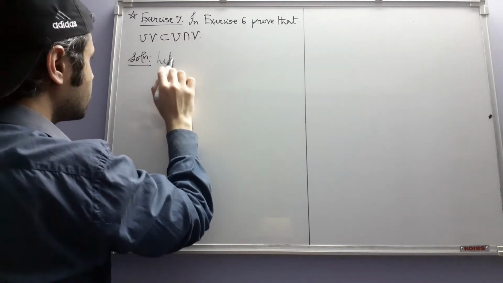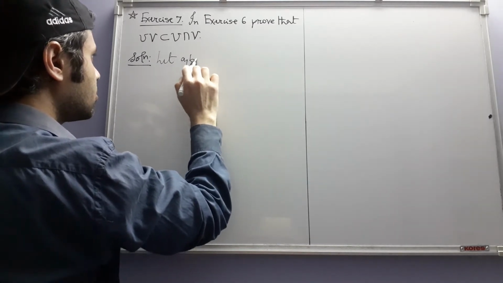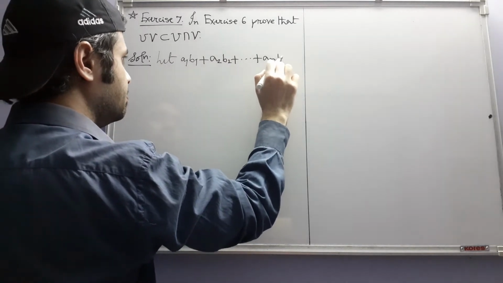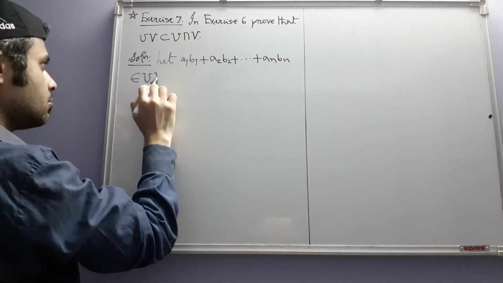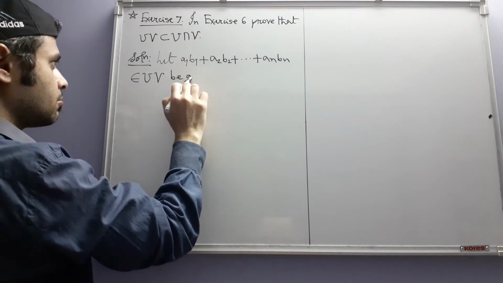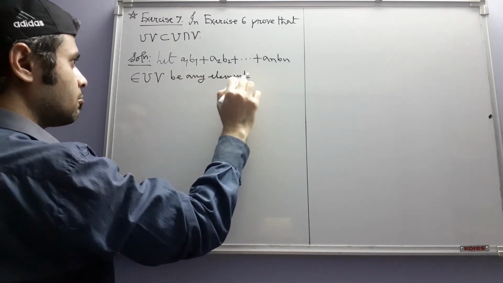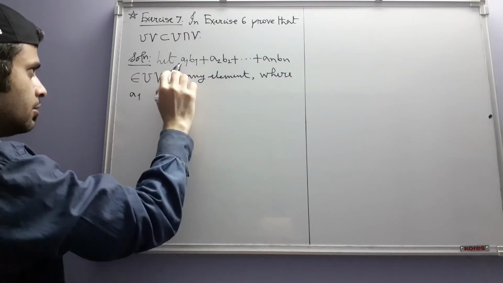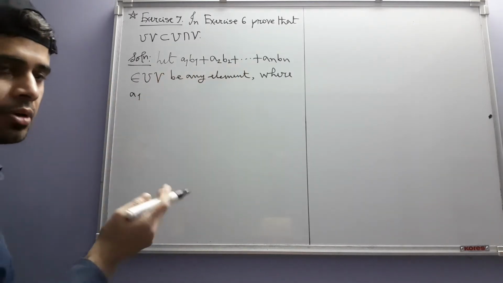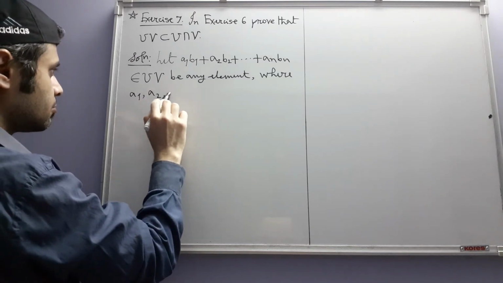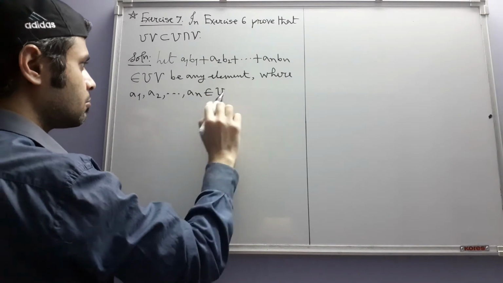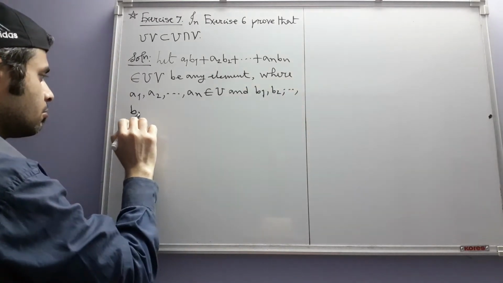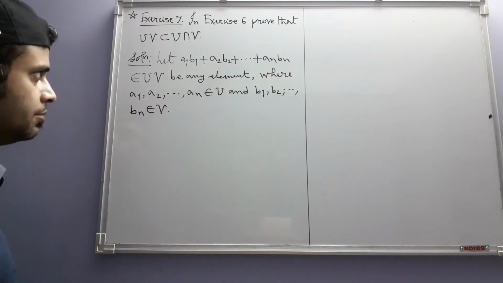So let A1 B1 plus A2 B2 etc. plus An Bn belonging to UV be any element, where the condition is that these Ai's belong to U and the Bi's belong to V. Bn belongs to V. Okay.